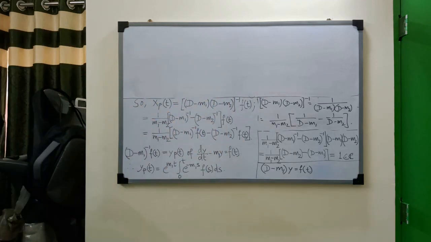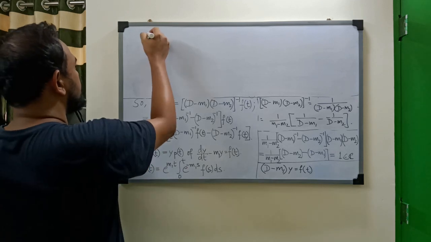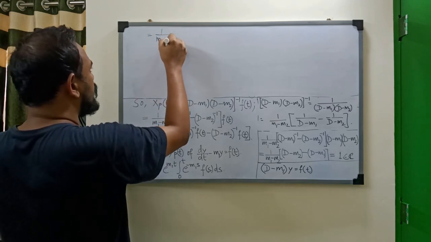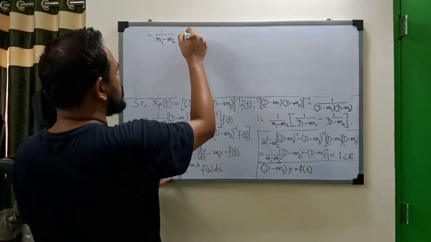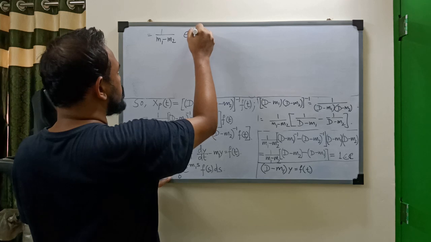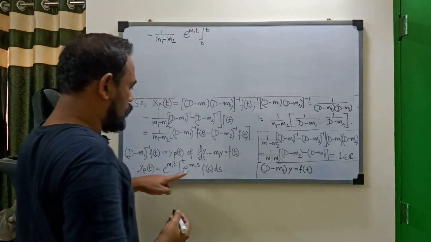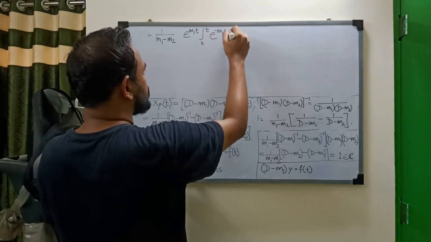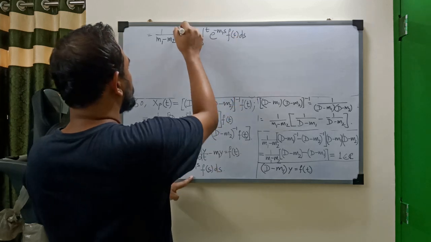And I'm going to write, from here on, this is just going to be 1 over m1 minus m2, times e to the power m1t, with an integration from 0 to t of e to the power minus m1s times f(s) ds.